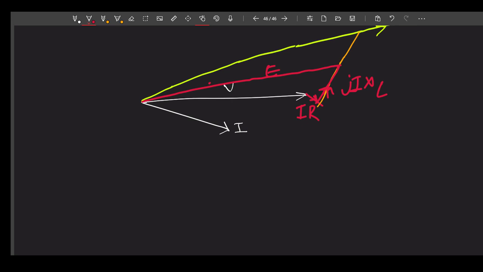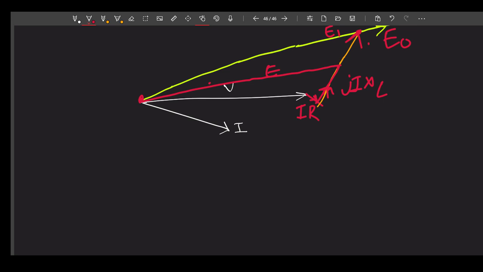This one is E1, right? This length is E1. E naught we can't consider because now our machine is saturated, right?